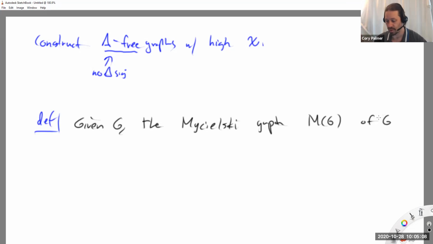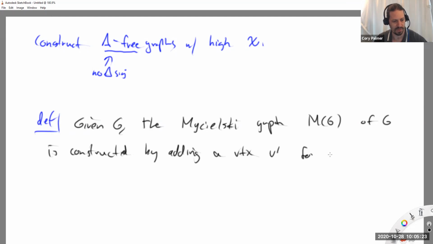So we're going to take a graph and modify it somehow to get the McCleskey graph, which is constructed by adding a vertex V prime for each V in the vertex set of the original graph.